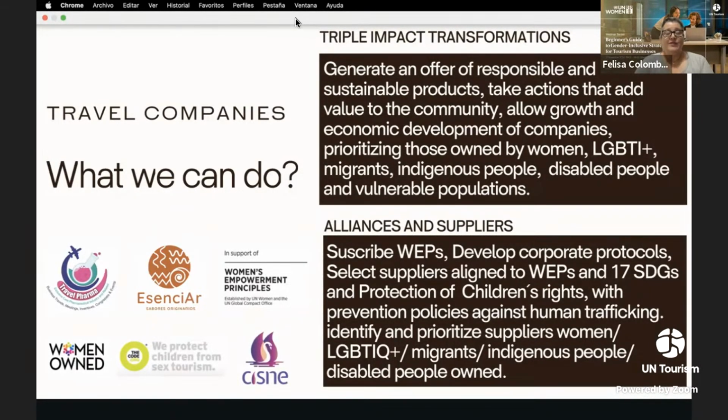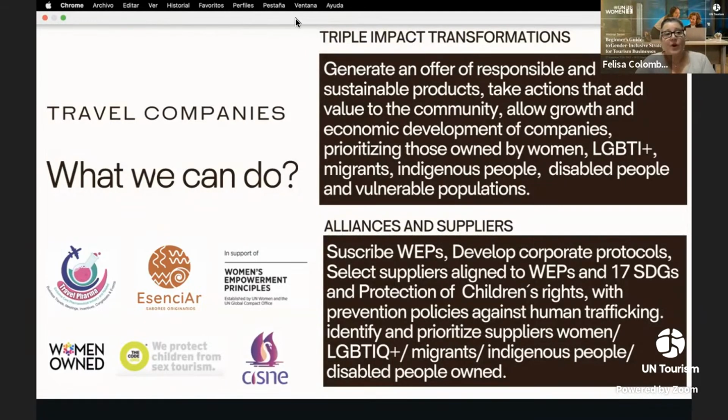By its very nature, tourism is a triple impact activity. And the way that we manage our businesses will determine if that impact is positive or negative. To ensure our impact is positive, we must take actions.